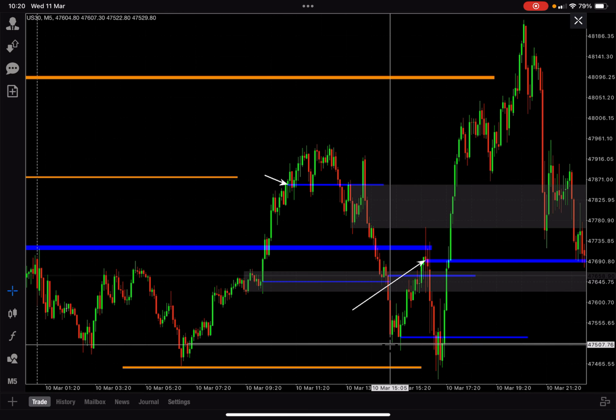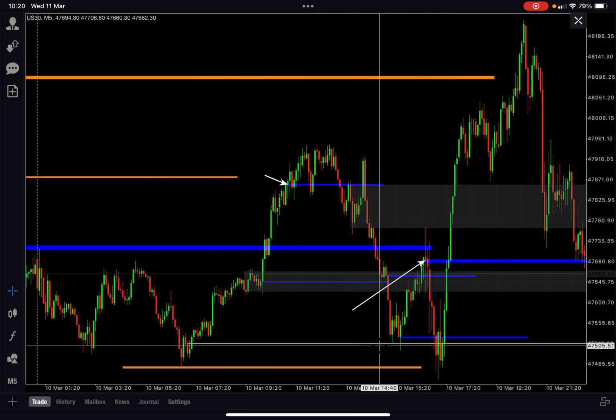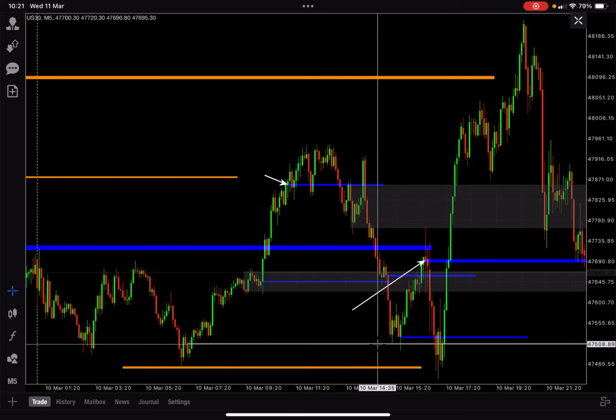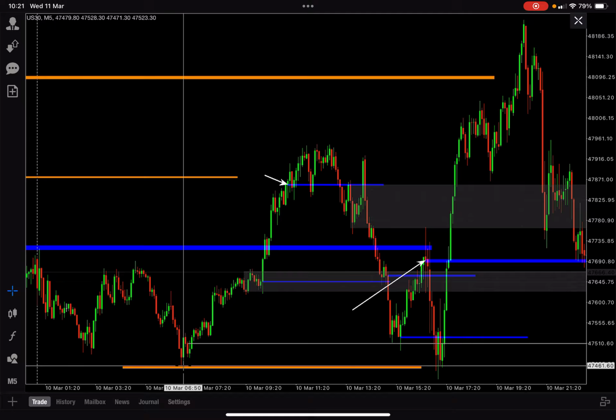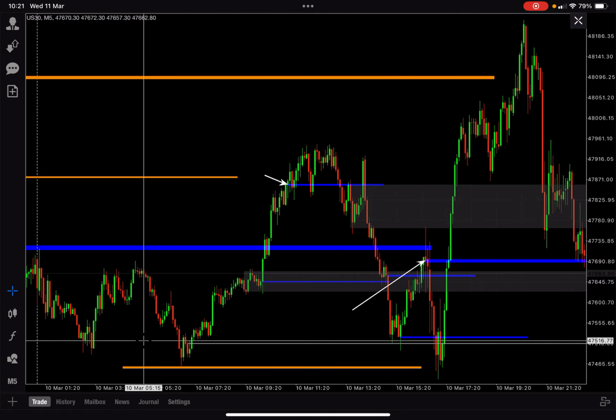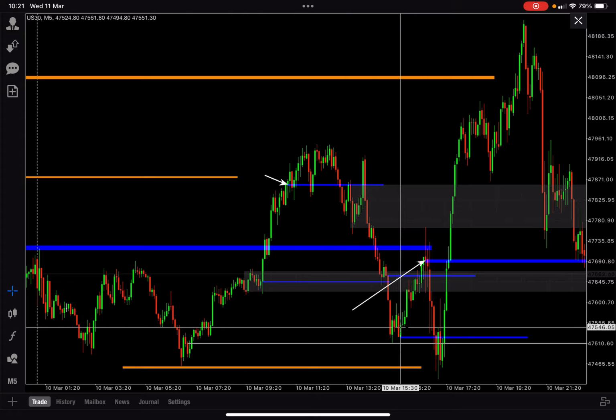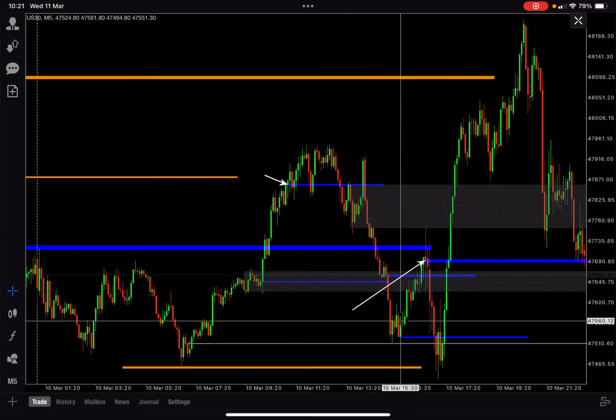I wouldn't really look to take that buy. Some people would, but I wouldn't, because it's not really a great setup in my opinion. The MOP doesn't hold enough weight unless it's near the New York Open, and you've got previous lows here. There's no solid support, so I wouldn't be looking to take that buy towards the upside.